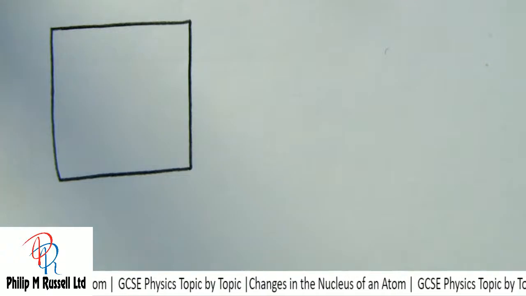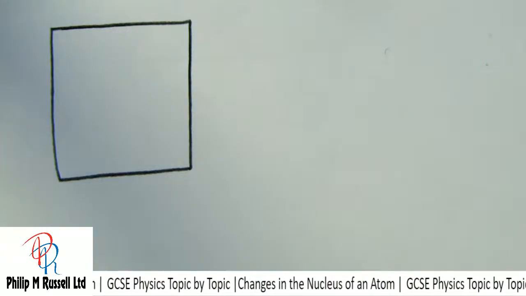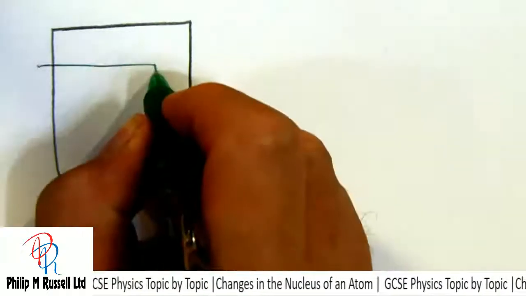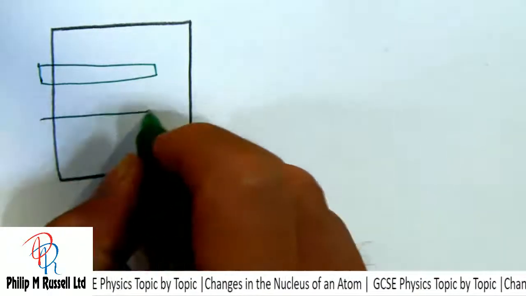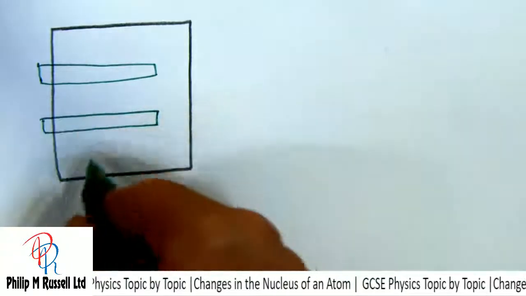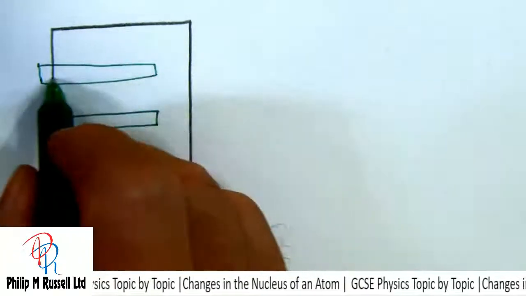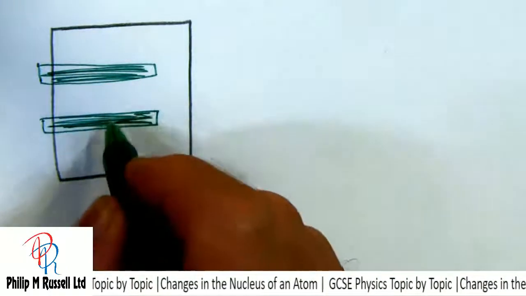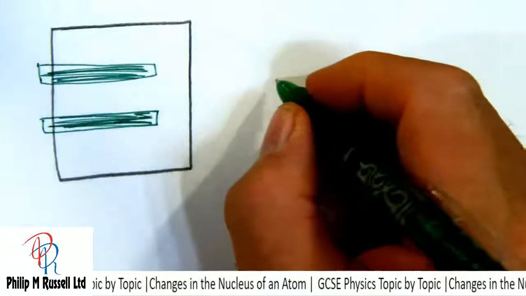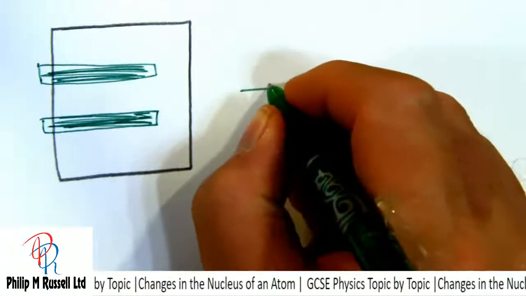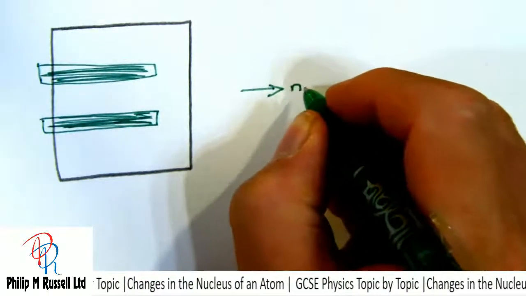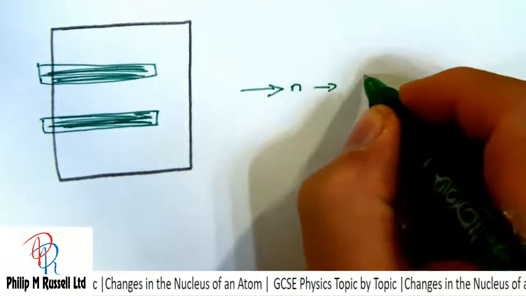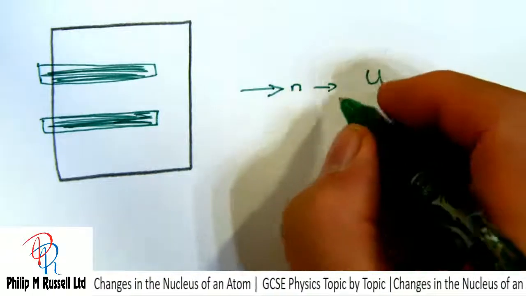Now these are typically going to be made of uranium, and so what I do is I push some of these rods into this nuclear block. Now this works by taking a high-speed neutron, and this neutron smashes into a piece of uranium.